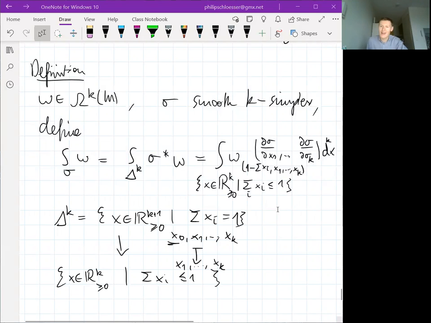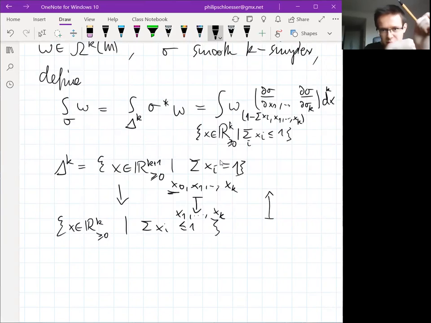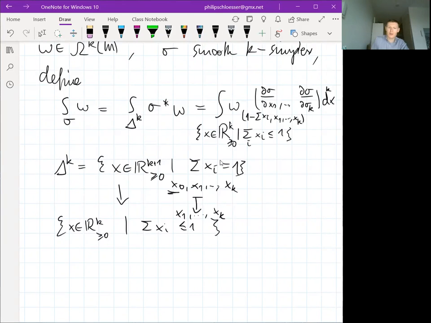But which one does get the 1 minus sum of x1 to xk? The one you wrote on the down right of the omega. So that's the inverse map of that. Yeah, I see, but where do you plug it in? Which function? To omega.